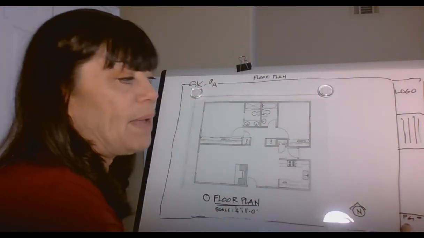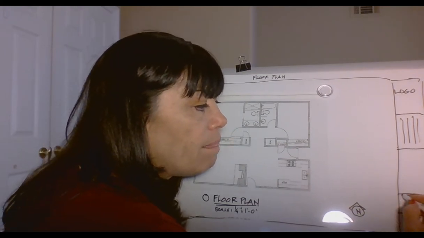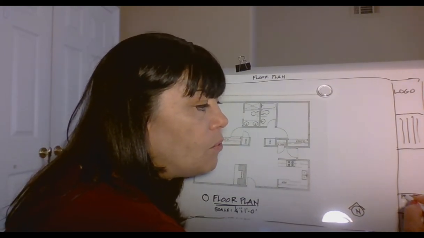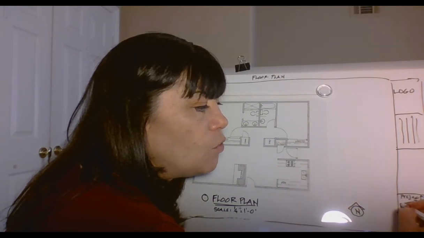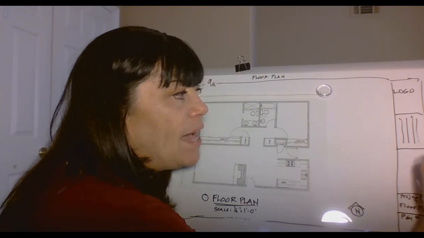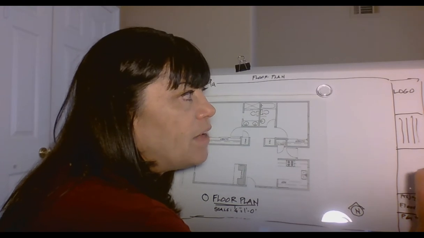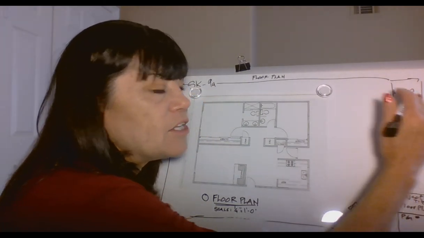Once again, you have your page or sheet number, you have your project name, or project title. So this is floor plan. You have a little revision area, and then your client's information and your logo.